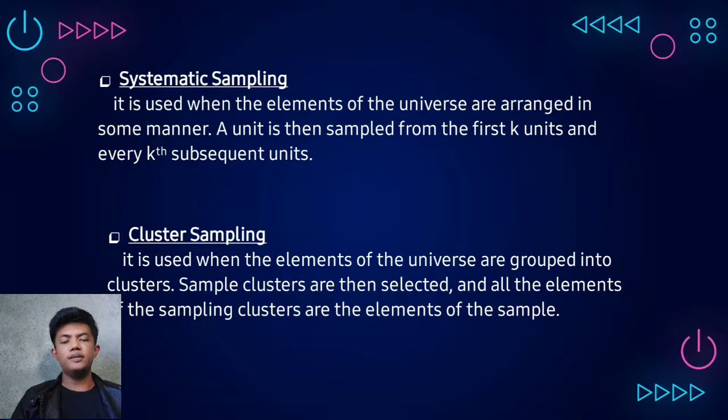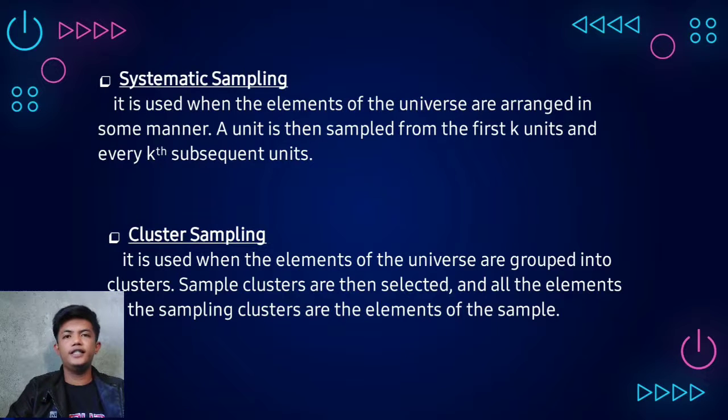And systematic sampling creates samples that are highly representative of the population without the need for a random number generator, but not as good as simple random sampling.